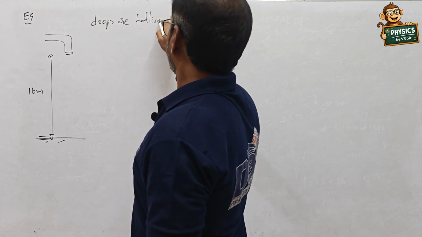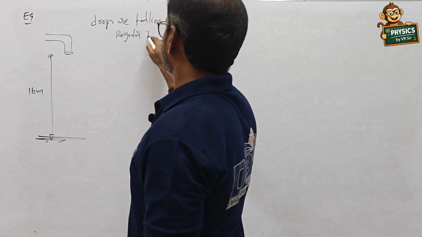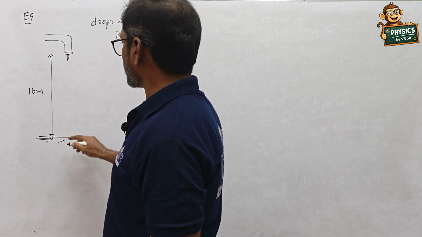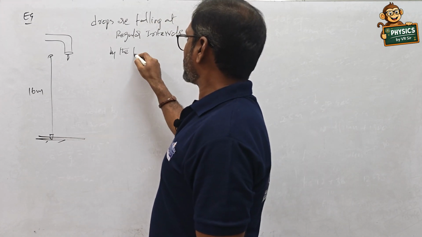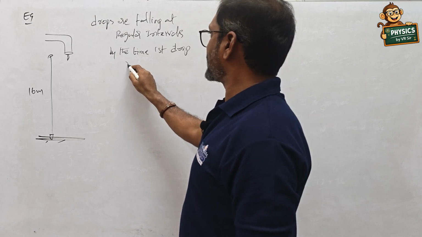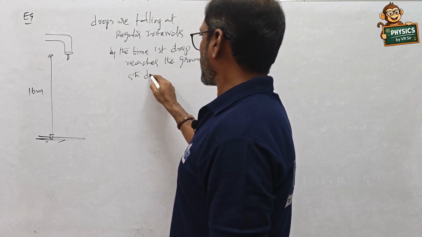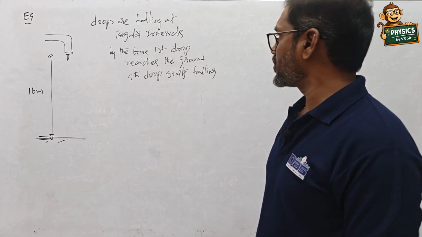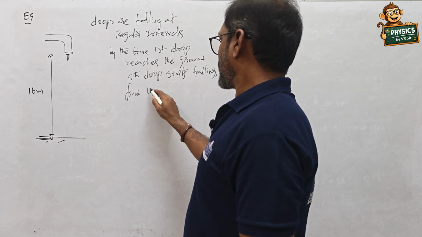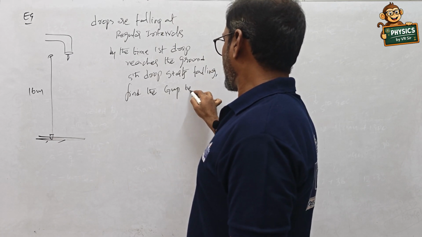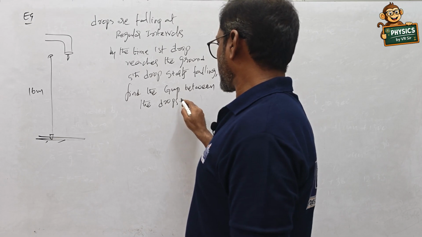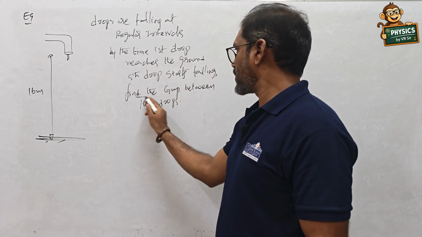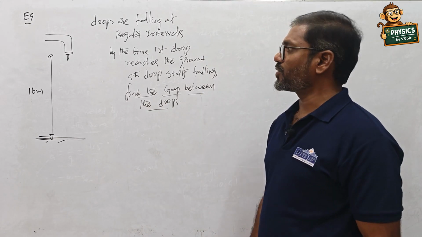The situation is given as: by the time the first drop reaches the ground, the fifth drop starts falling. Now they are asking to find the gap between the drops. This is the question. Now we need to focus on the gap between the drops.